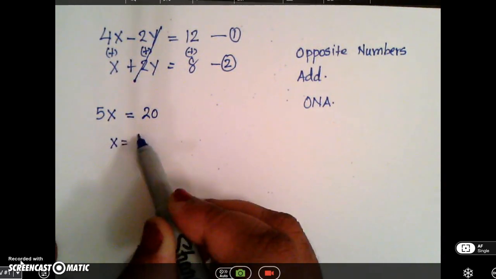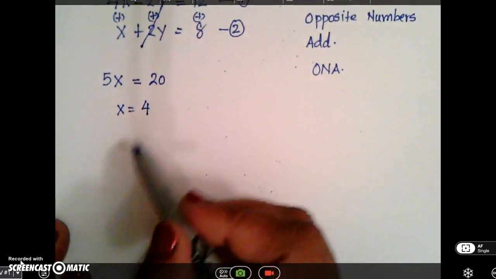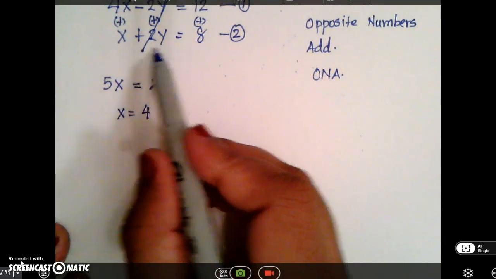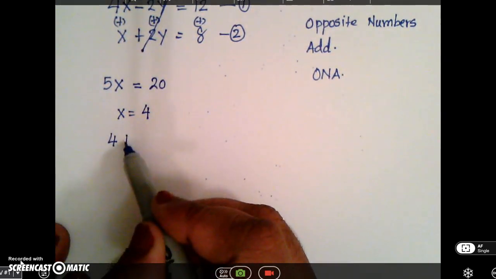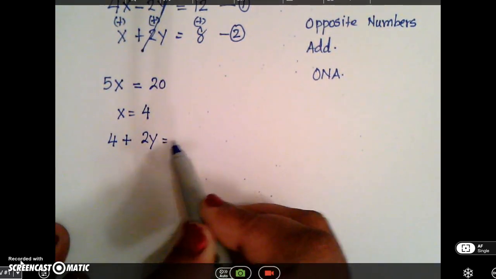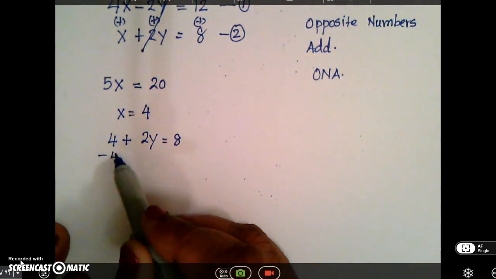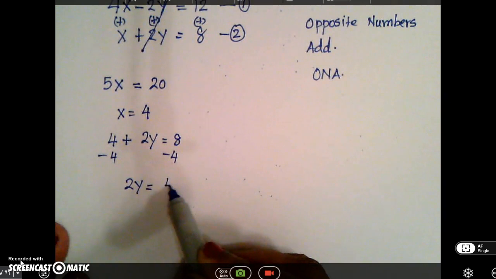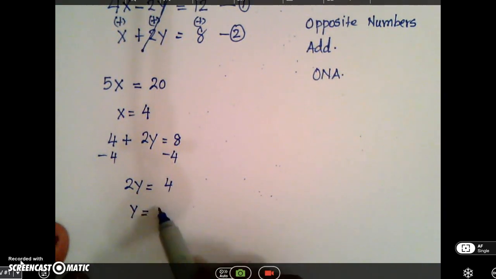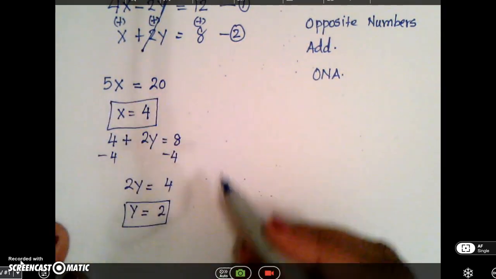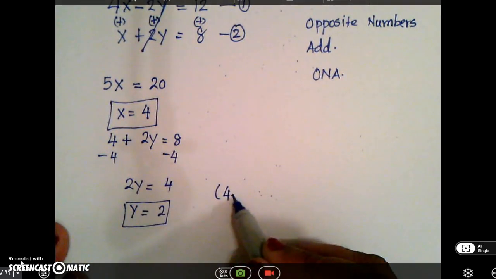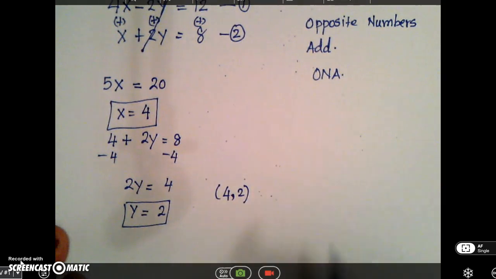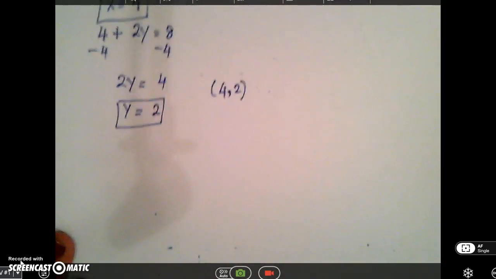So I got x equal to 4. Now I can figure out what y is. If I plug it into this equation, 4 plus 2y is equal to 8. I subtract the 4. 2y equal to 4, or y equal to 2. So I got my solution. x is 4, y is 2.